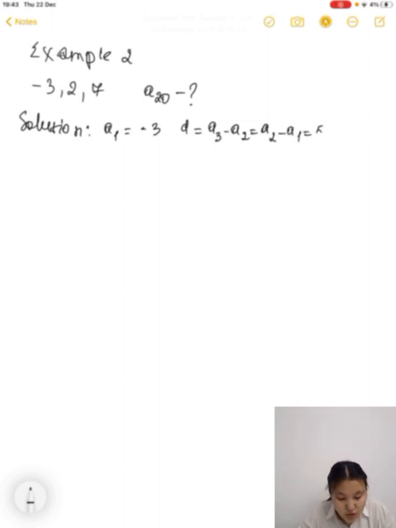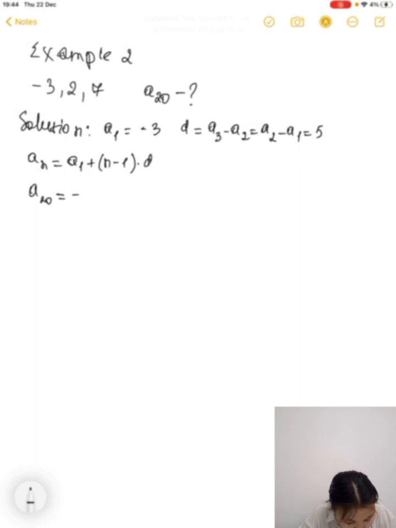Using the general term formula, a sub n is equal to a sub 1 plus n minus 1 times d, a sub 20 is equal to minus 3 plus 20 minus 1 times 5, which is equal to 92.